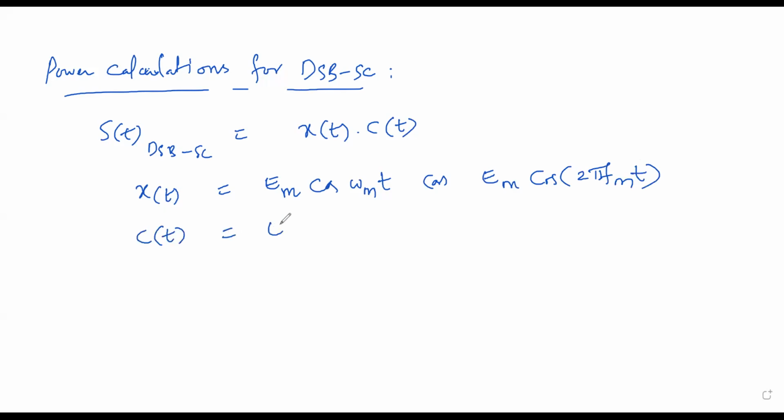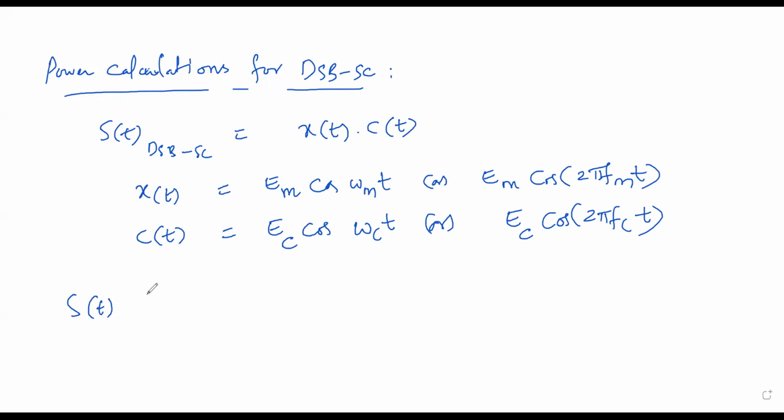Similarly, the carrier wave can be written as Ec cos omega ct or Ec cos 2 pi fct. Right? So now we have the expression for DSB-SC.